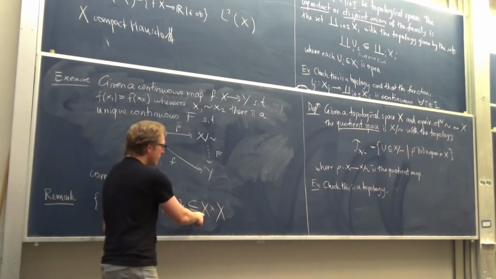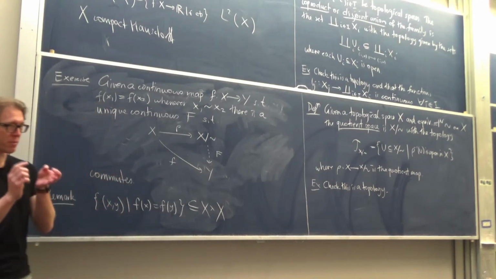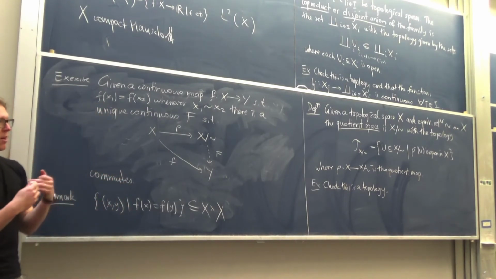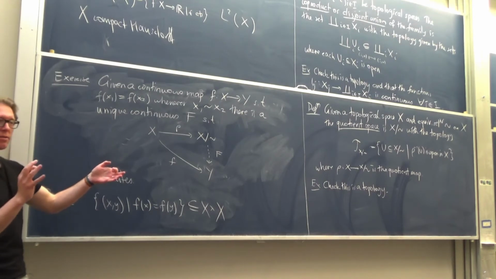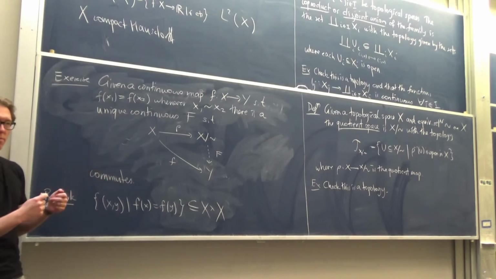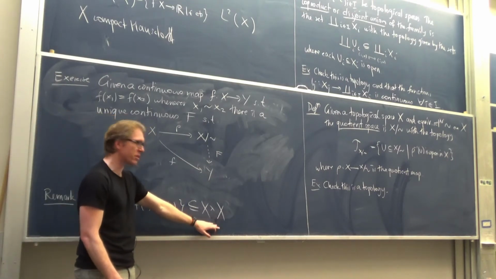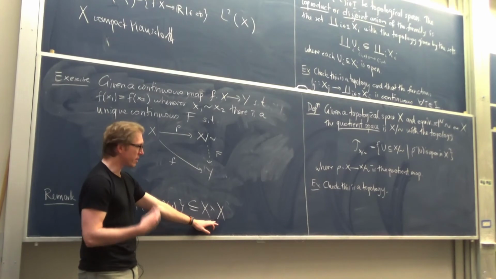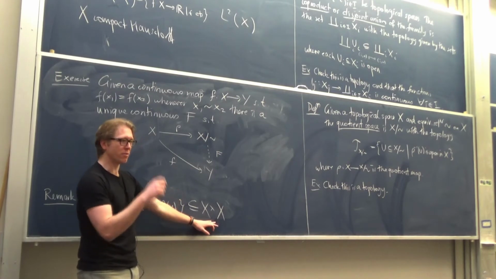So if I have a set X, and I take just a set of pairs. They don't need to satisfy the hypotheses to be an equivalence relation. Well, take the set of all equivalence relations which contain that set of pairs, and take the intersection over all of them. That's still an equivalence relation, and it's the smallest equivalence relation which contains the given set of pairs. That's called the equivalence relation generated by a set of pairs. Because it's extremely tedious to say an equivalence relation sort of explicitly.